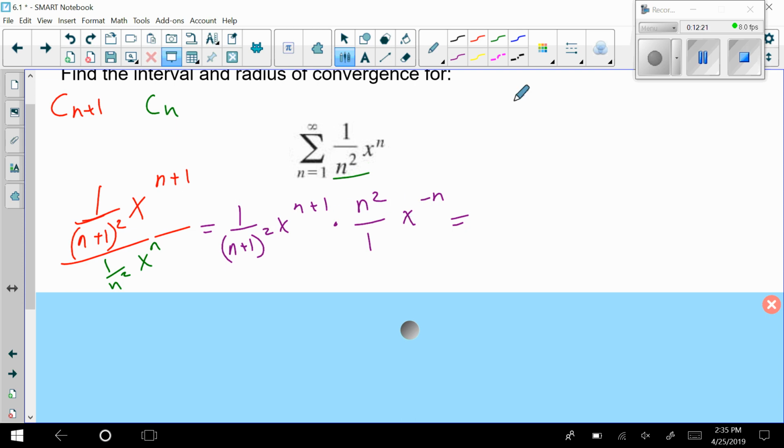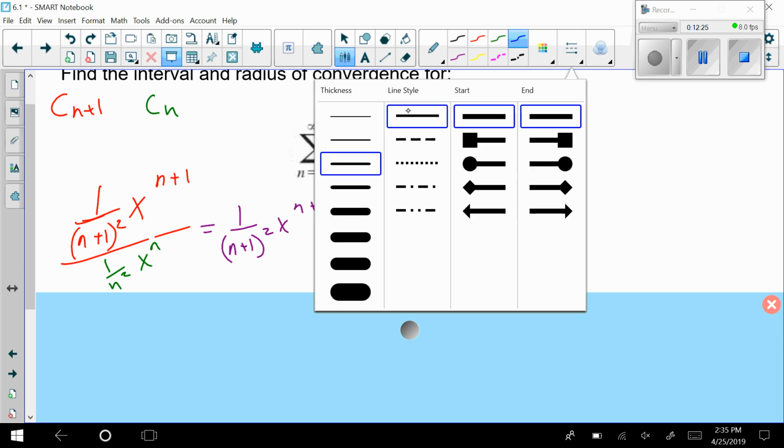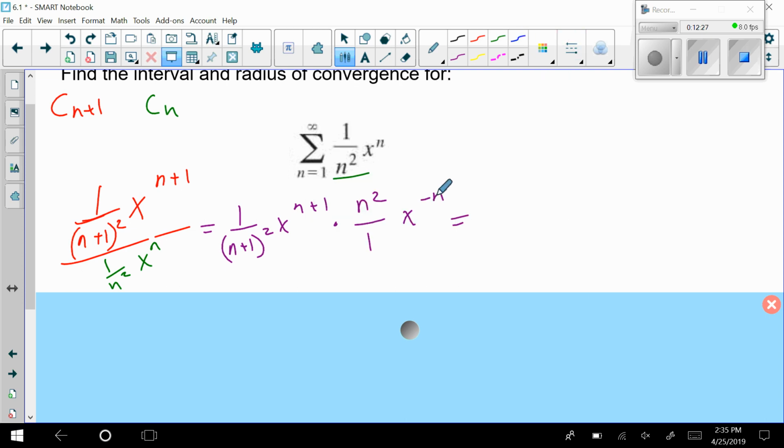Let me get a different color so I don't confuse anybody. This x to the n and this x to the n will cancel each other out. So what would I have? Well, I have the x, then n squared over (n plus 1) squared, and I don't think I can really do anything else. Here we have an x, and the x stuff was supposed to come out and be absolute valued.